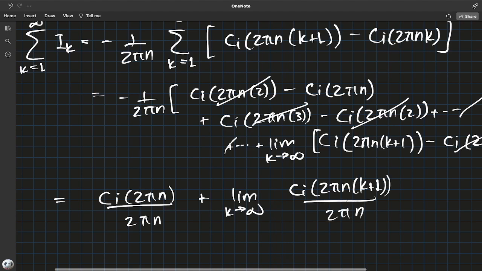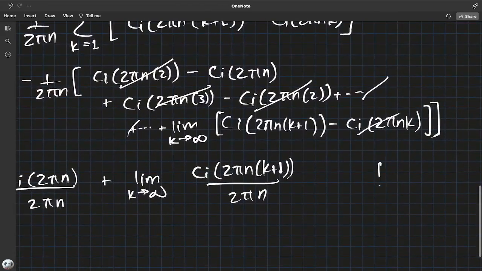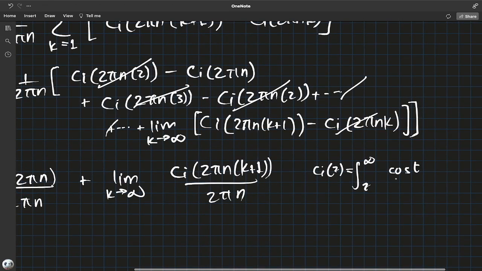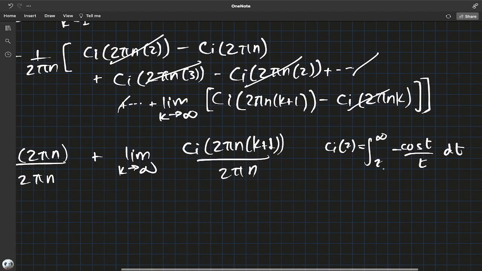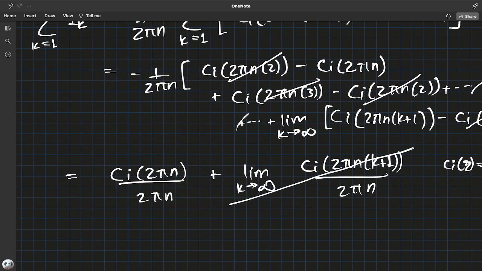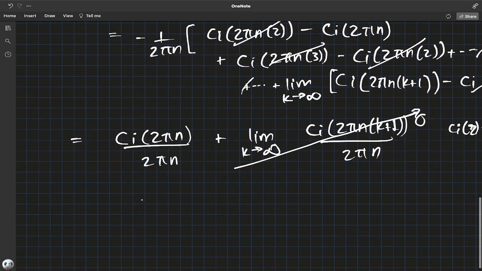over 2 pi n. Notice what the cosine integral was like. Ci of z was the negative integral of the cosine over t dt. So if you take infinity for the lower bound, there's not much area left to integrate over. So you can estimate that this is going to go arbitrarily small, just because of the way you define these things.